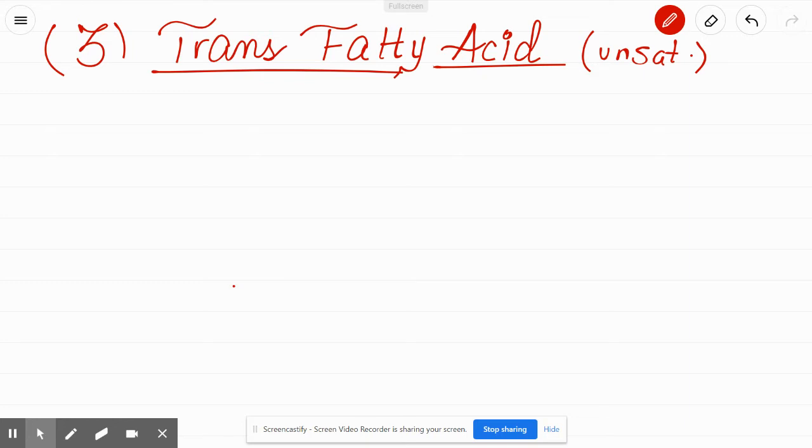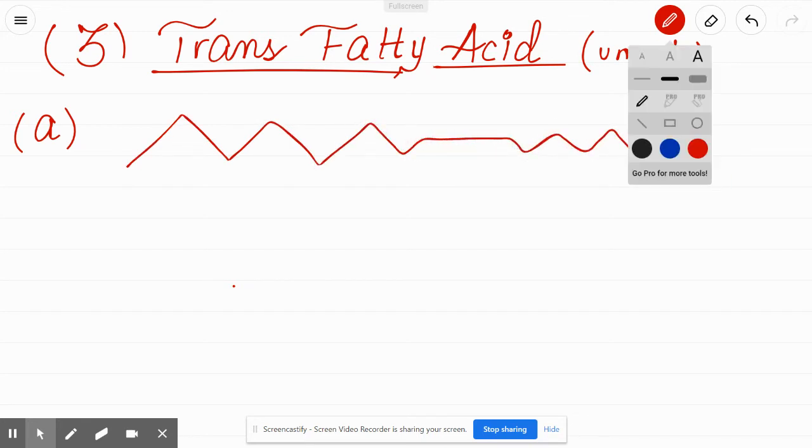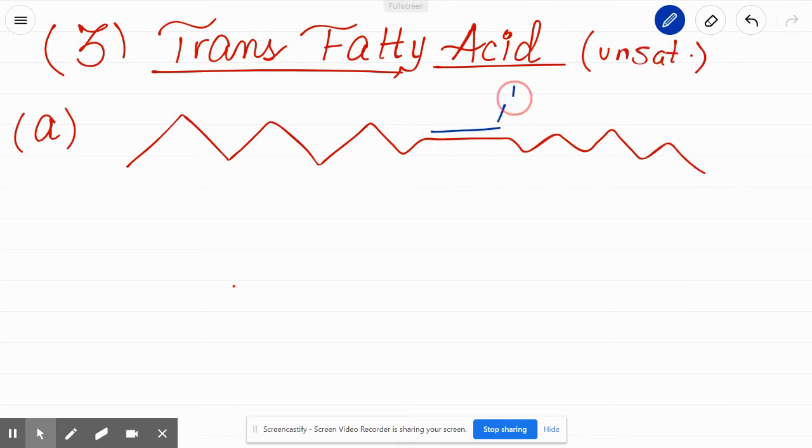Basically, we'll take a look at its structural formula and it will make more sense to you. So here you'll have one hydrogen atom on this side and the other one will be on this side. In trans fatty acids, your hydrogen is on the opposite side. Everything else, again, the same.